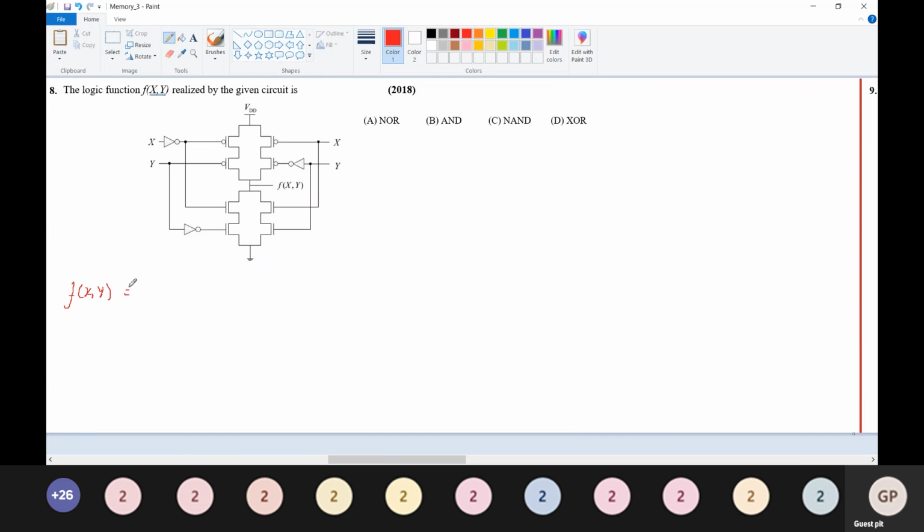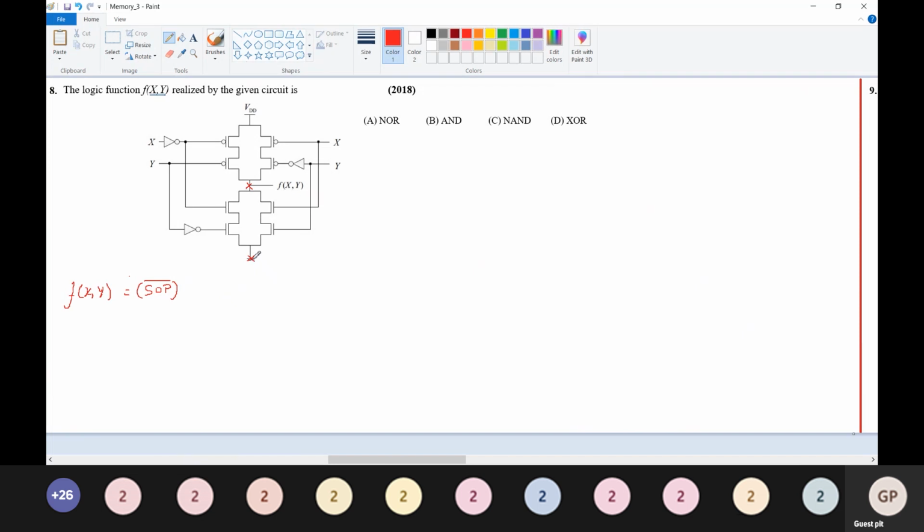As I already told you, it is nothing but the complemented function of the SOP expression. So here, this is your output terminal and this is your ground.